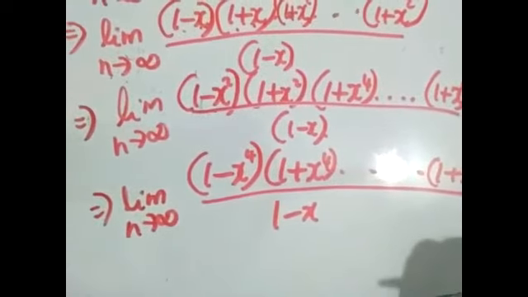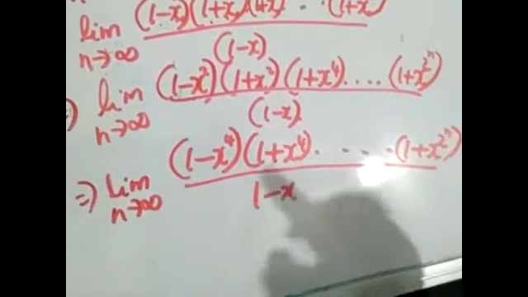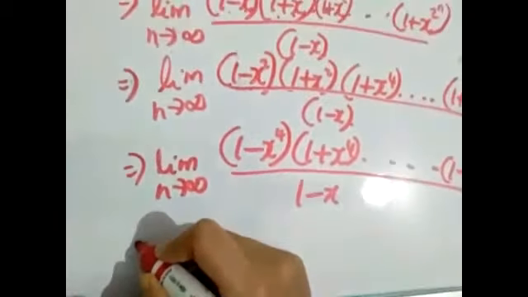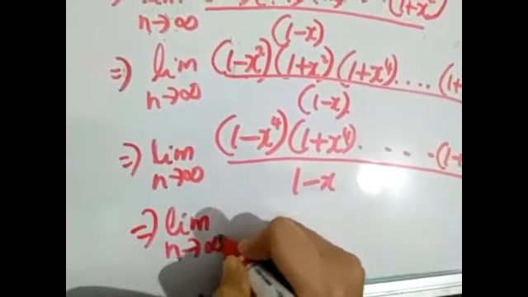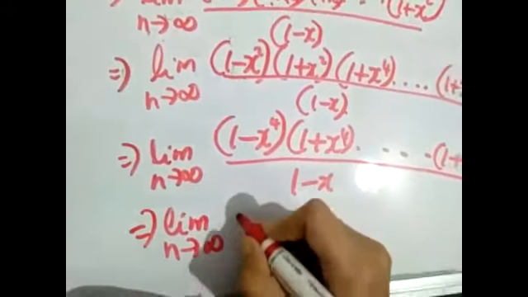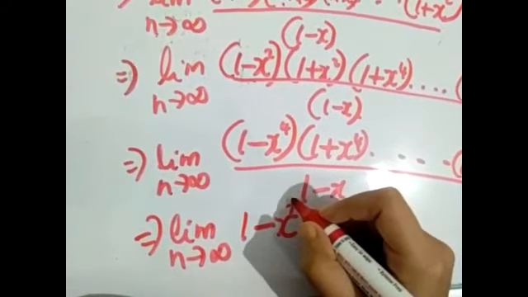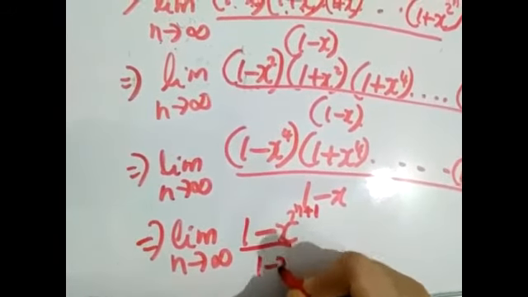Then you will have 1 plus x raised to 8 over there, and then I'll get 1 minus x raised to 16. It will continue like that. So finally I can guess it to be limit n tends to infinity of 1 minus x raised to 2 raised to n plus 1, divided by 1 minus x.